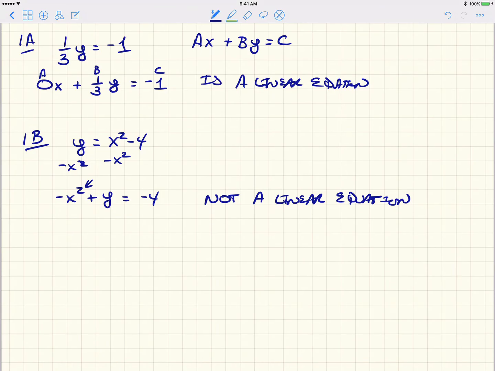If you don't quite get it, go back over the review stuff there on page 155. Then the next thing that I want you guys to do is to go ahead and read pages 156 and 157 just to get an idea of what the x and the y intercepts are.